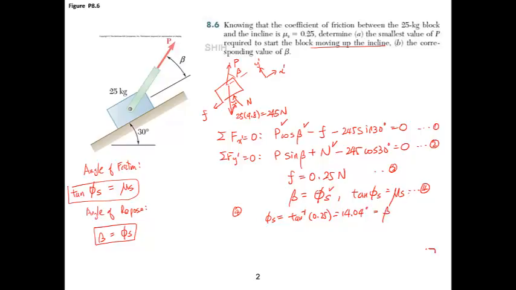Once you have beta, you can go ahead and solve for the rest. You can do the math, and I'll tell you what the answer for P is. P ended up being 170.5.